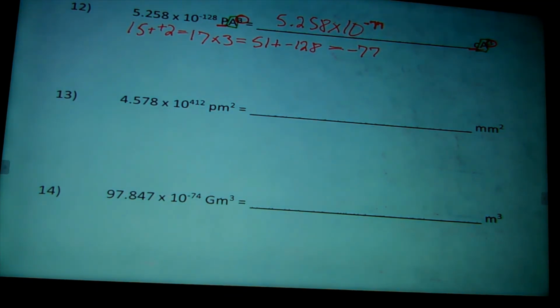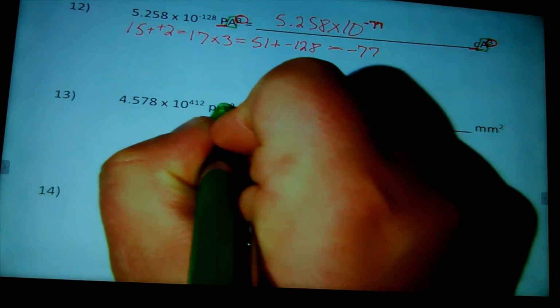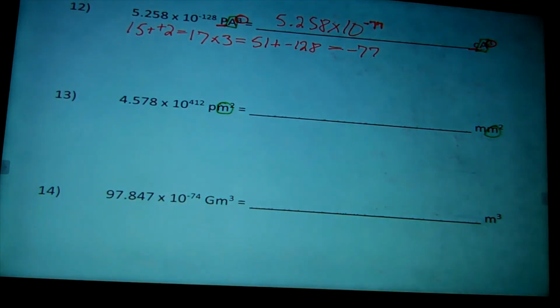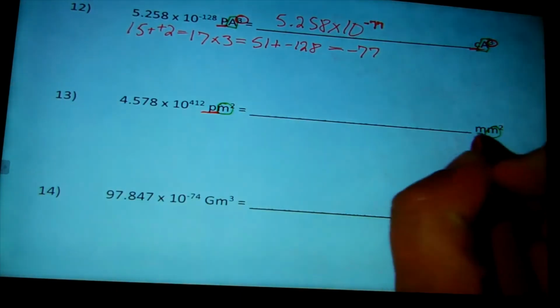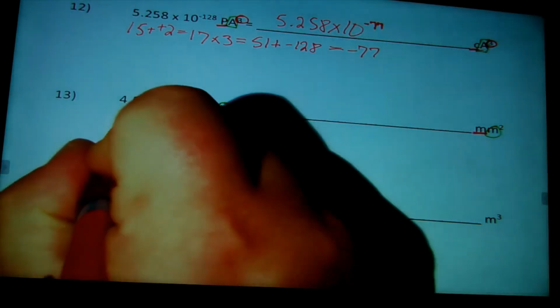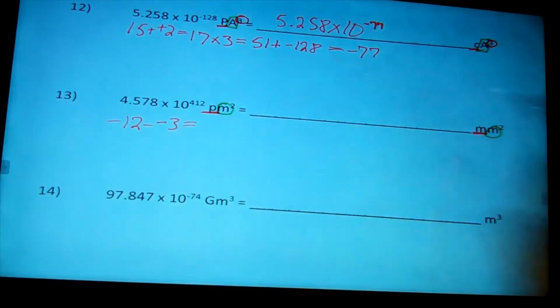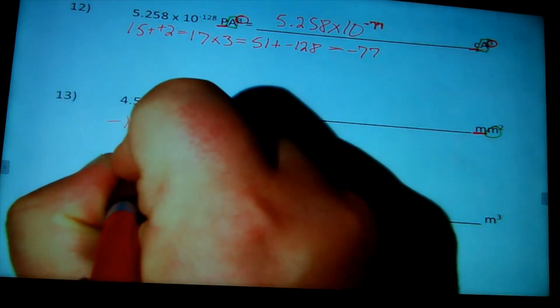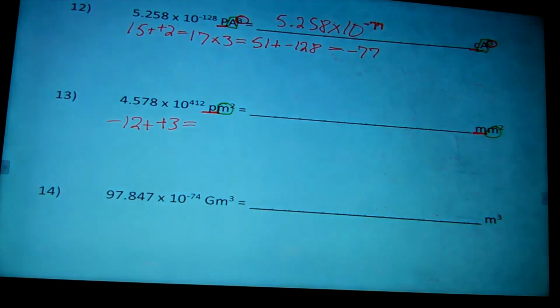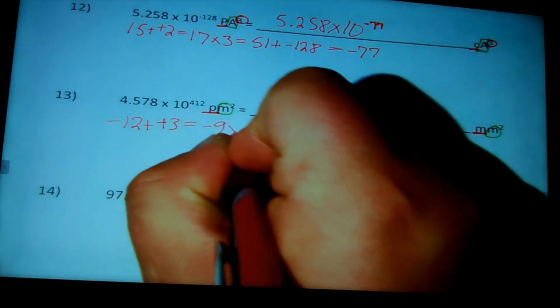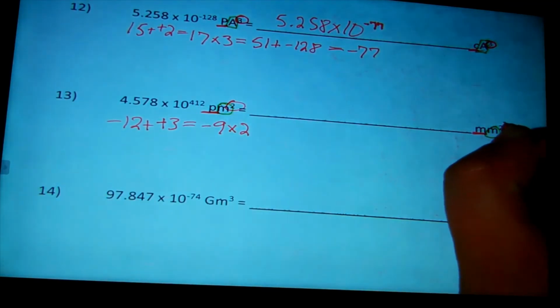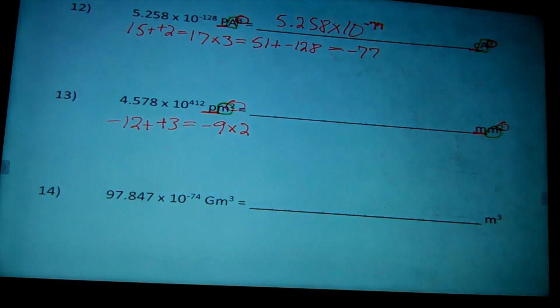Got questions on that? Number 13. I have M and an M here, so that's meters. Those are my base units. In that, we have to find the difference between pico and milli. Pico is negative 12 minus milli, which is negative 3. Negative 12 minus negative 3 is the same as negative 12 plus positive 3, which gives us negative 9 times 2, because of these exponents on those units.